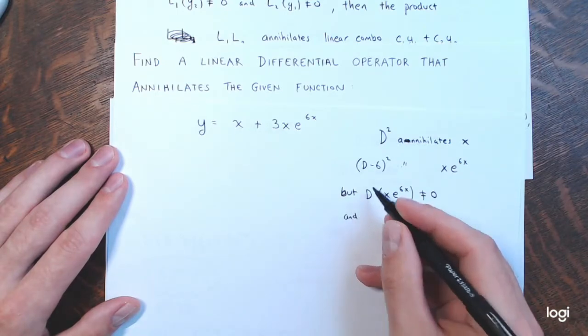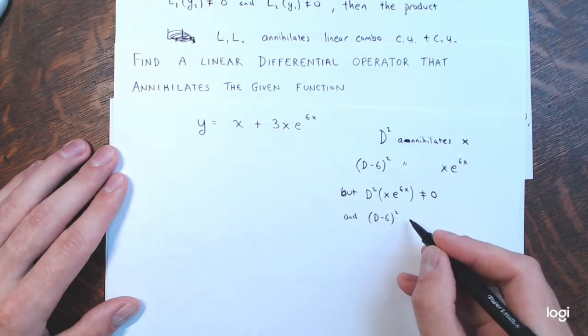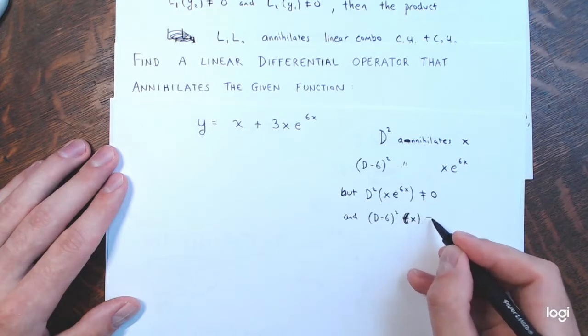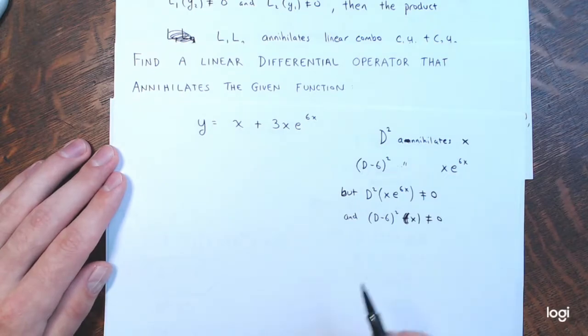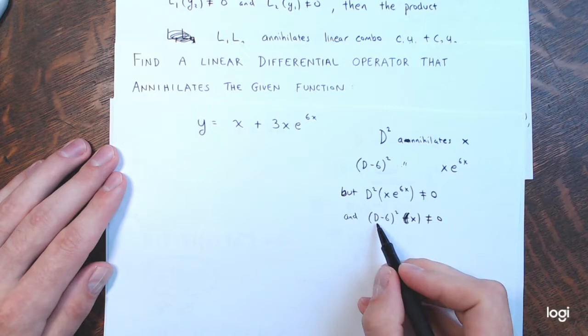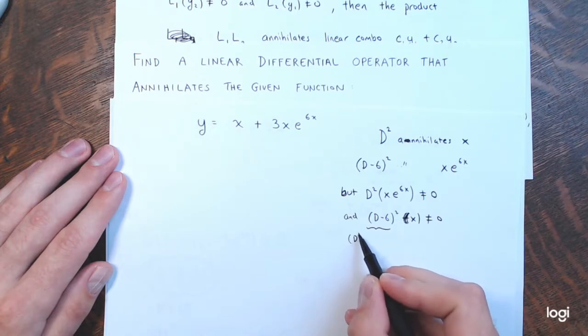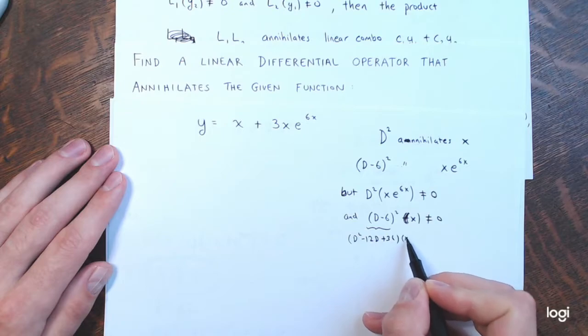And the d minus 6 squared, this does not, when applied to x, is not 0 either. You can multiply this out. This is d squared minus 12d plus 36 applied to x.